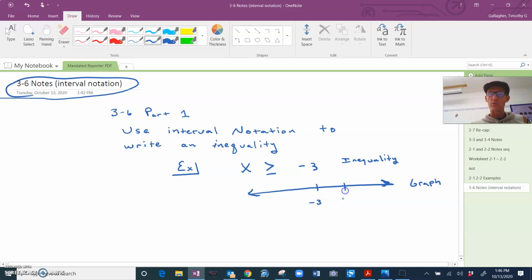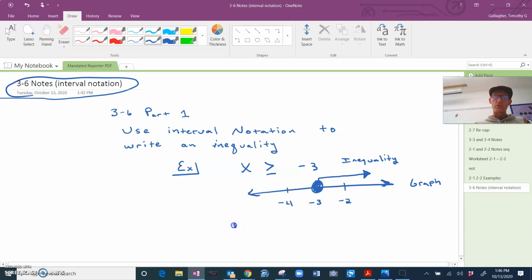-3 is circled, to the right is -2, to the left is -4, and you will circle -3, you will fill it in, and you will shade everything to the right. So that's the graph.